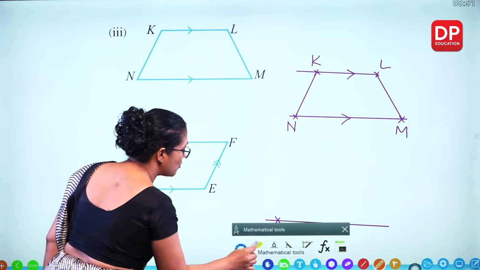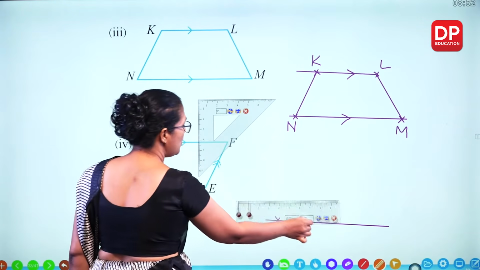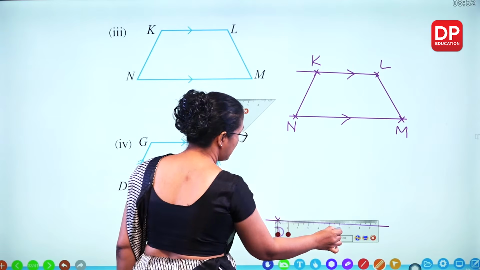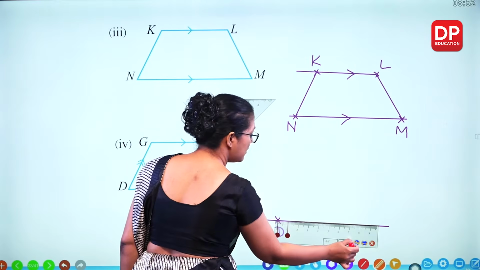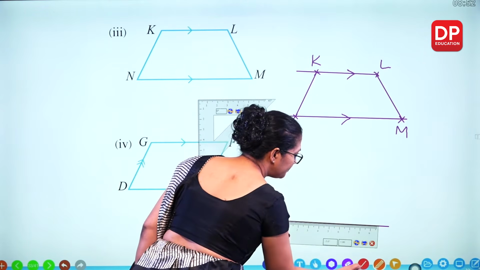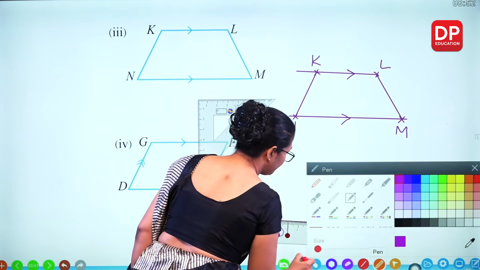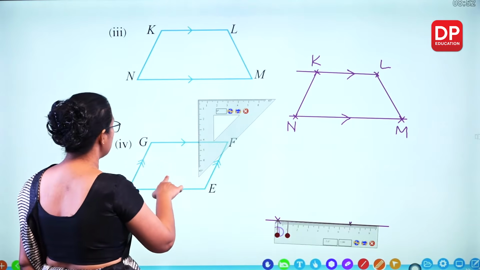So we'll take the ruler and the set square and we'll measure the lengths. So keep the ruler here and we'll measure 7 centimeters. That's this point E.